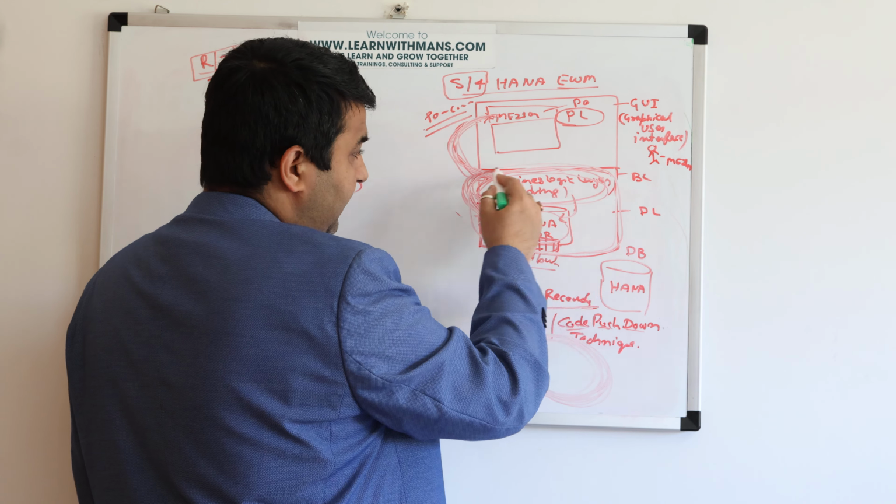In the decentralized, we have a separate presentation layer, a separate business logic layer, and a separate database layer. This is just an example. Both systems, both sides, are very powerful.